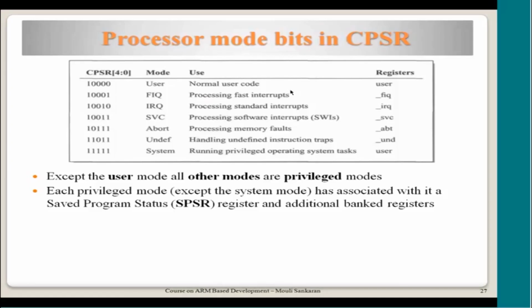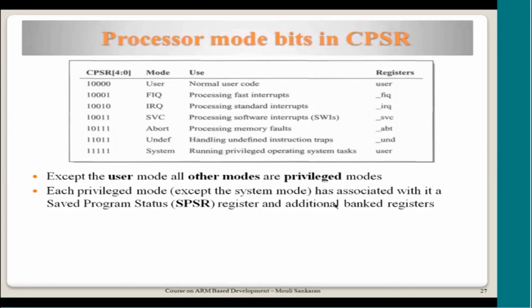Let us not worry about how the service routine is run now. We will talk about the interrupts later. But suppose the processor is moving from the user mode to fast interrupt mode because of an interrupt coming, it will have another register visible called SPSR, where automatically the CPSR is copied into the SPSR register.